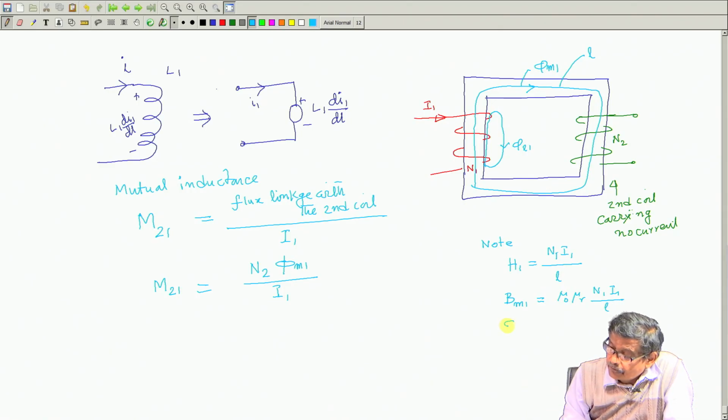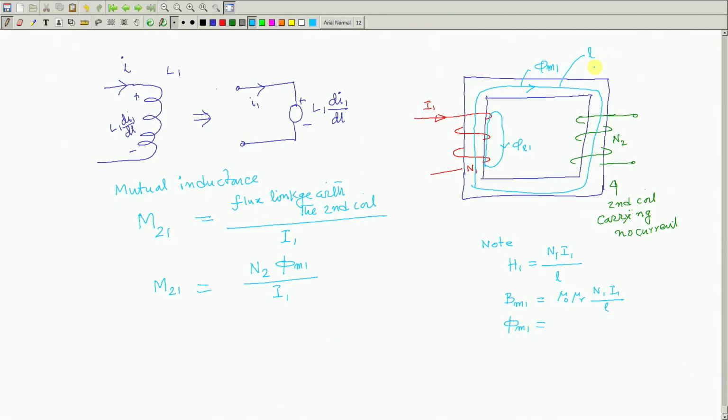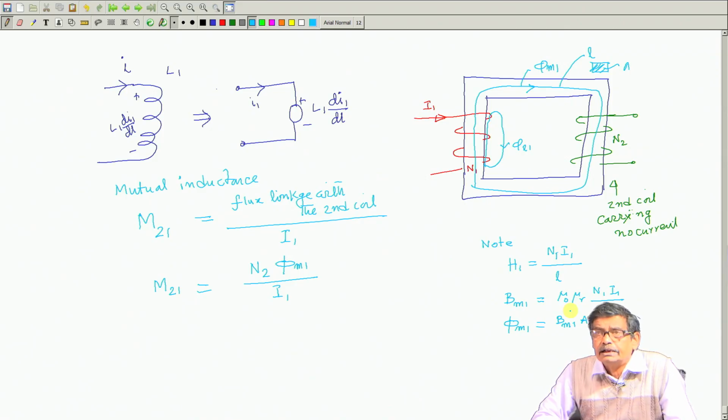What will be phi m1? Phi m1 will be Bm1 multiplied by the cross sectional area of this core. Suppose it is a uniform cross sectional area A. So, it will be Bm1 into A, and let us assume a linear magnetic circuit, okay, mu 0 mu r constant. At least to have constant inductance, I must see that it is operating in the linear zone.